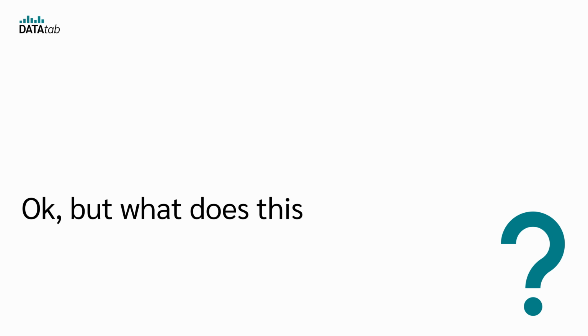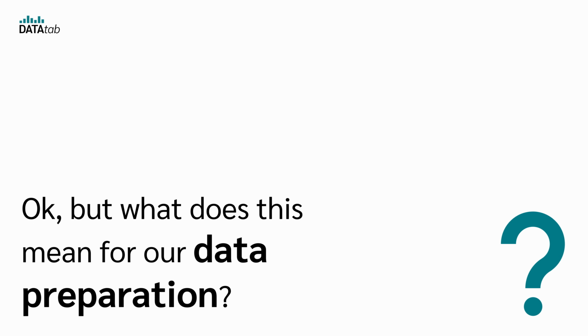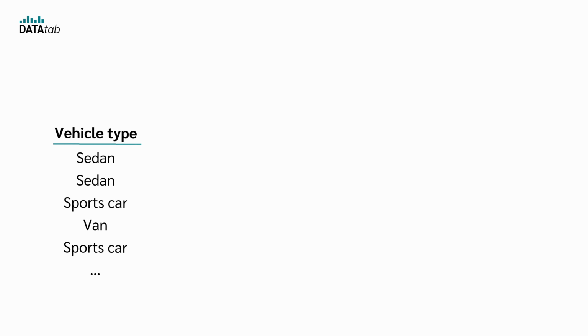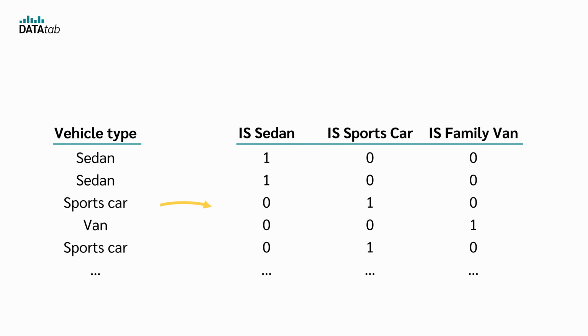Okay, but what does this mean for our data preparation? Initially, we have one column labeled vehicle type, where the individual vehicle types from our sample are listed. The first entry is sedan, the second is also sedan, the third is a sports car, and so on. From this column, we create three new variables.